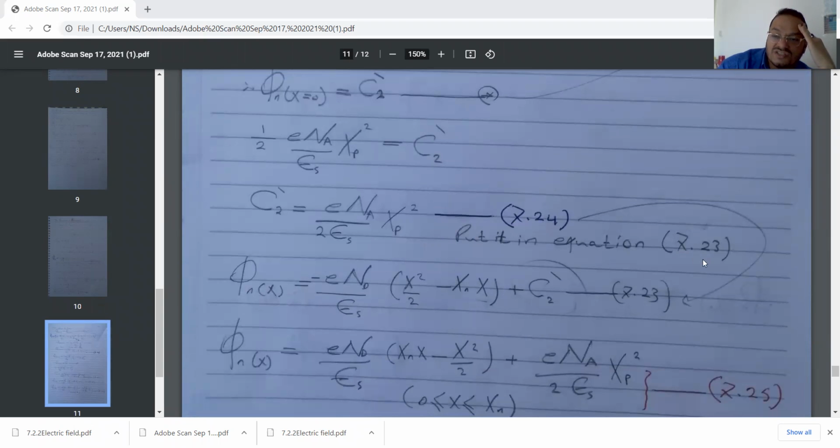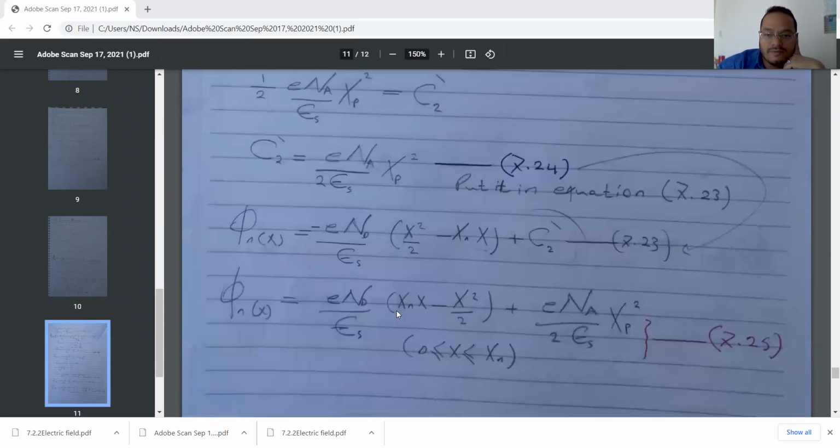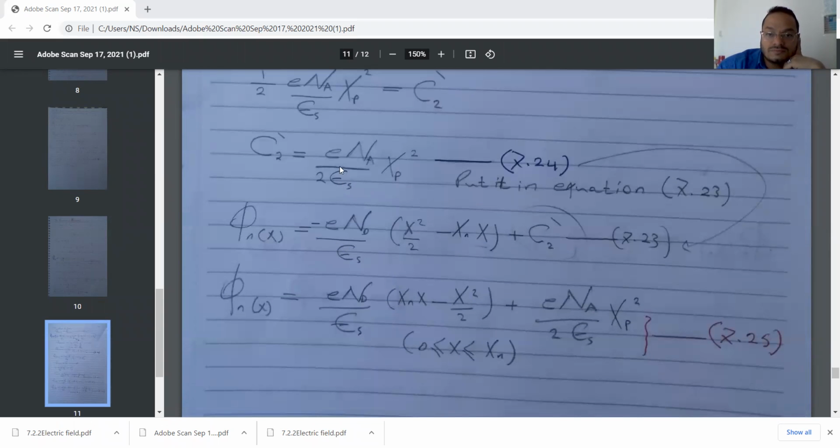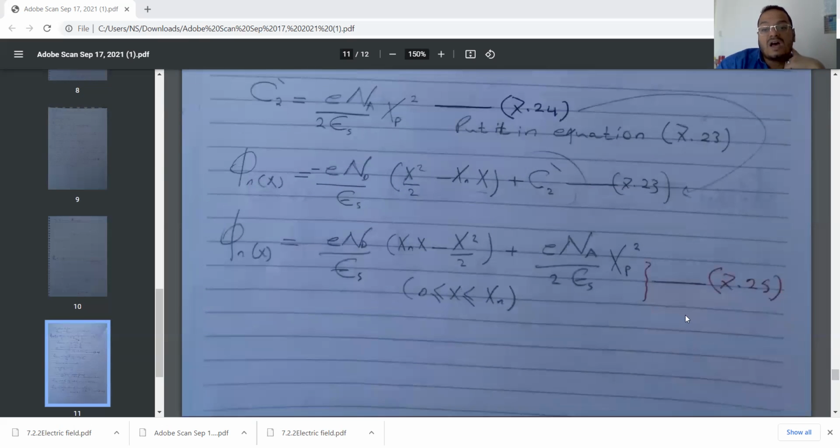Put it in equation 7.23 to find the last result of the potential at the N side. Now, we put the electron acceptor concentration divided by the permittivity times x_p squared here, and this will be equation 7.25, when x is greater than or equal to 0 and smaller than or equal to x_n.